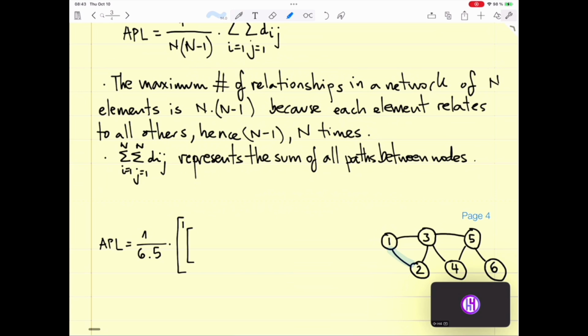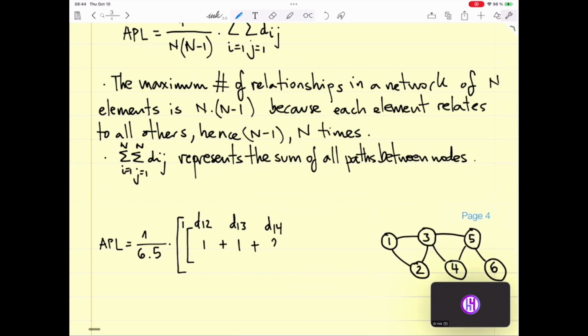I only need 1 step. So the distance between 1 and 2 is 1. Plus distance between 1 and 3, 1. I only need 1 step, right? Distance between 1 and 4, 2 steps. I always take the shortest, okay?